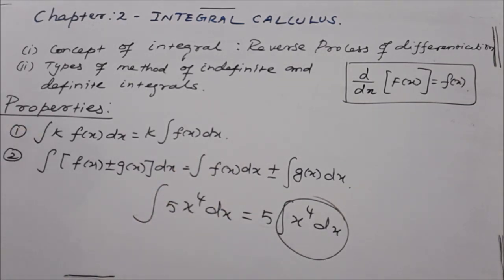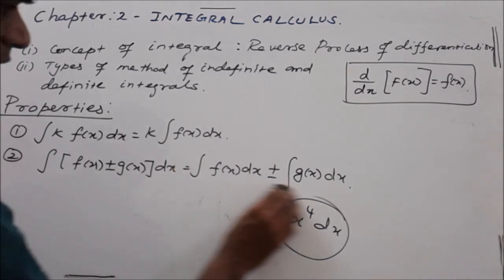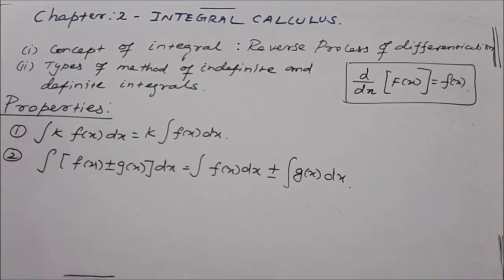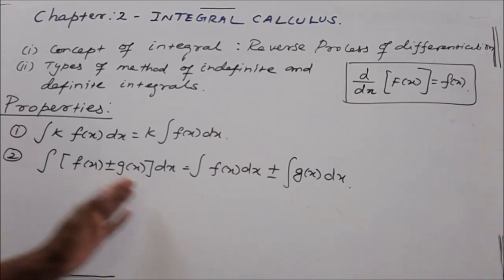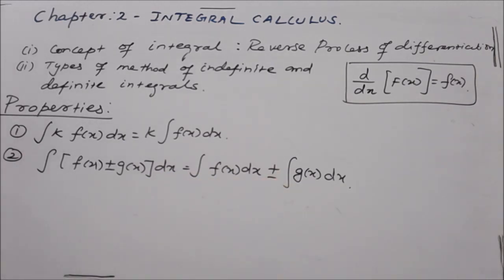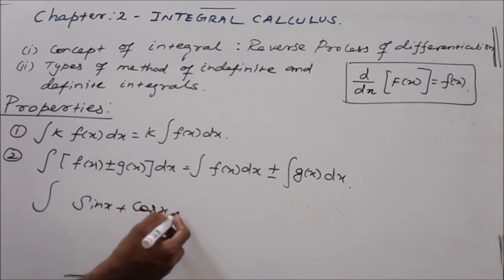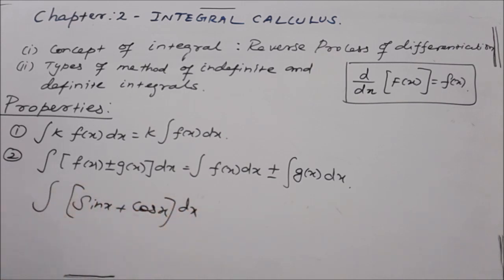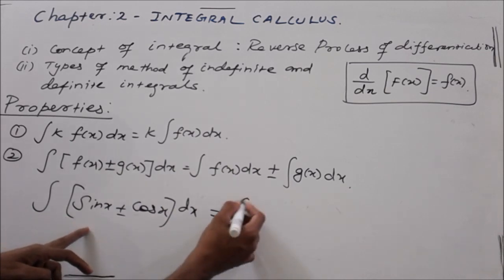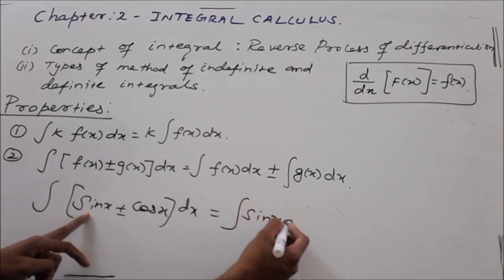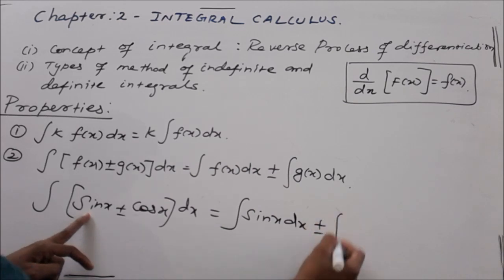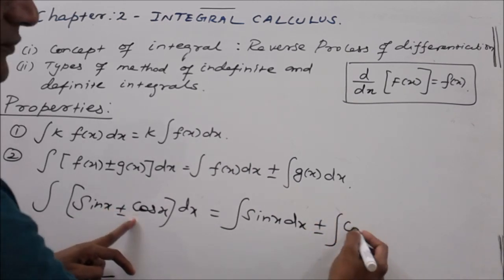And the second property: integral f of x plus or minus g of x dx is equal to the functions combined with addition or subtraction. We can separate the functions and integrate. For example, integral sin x plus cos x dx. There are two functions involved: one is f of x, sin x, another one is g of x. We can split into two different functions and then integrate: integral sin x dx plus or minus integral cos x dx.